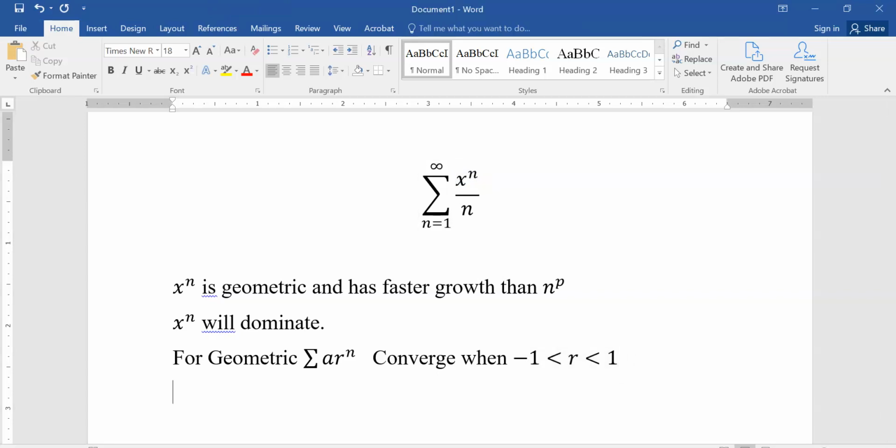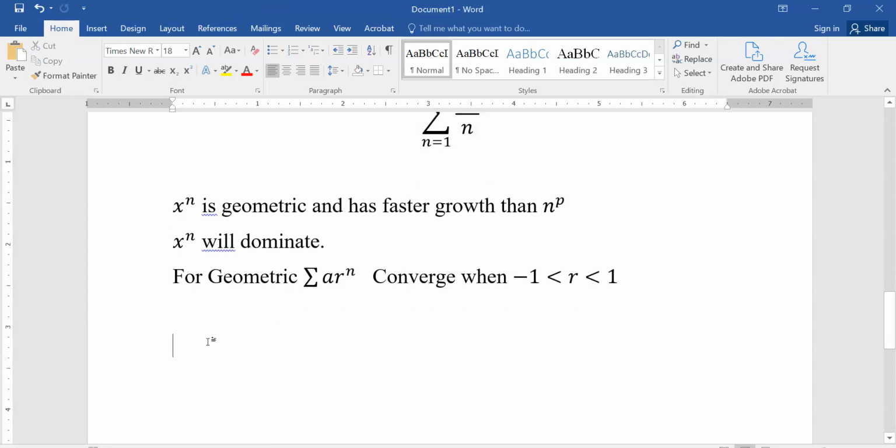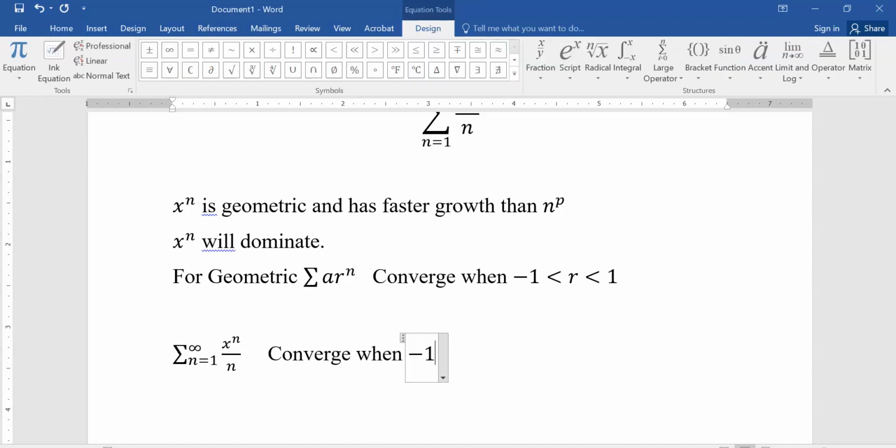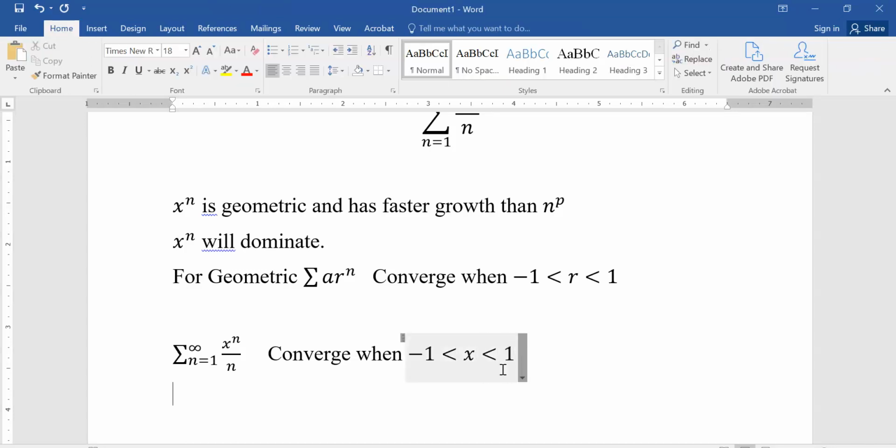So in our case, this infinite sum is going to converge when x is between -1 and 1. All right. And this gives you your interval of convergence that I was talking about.